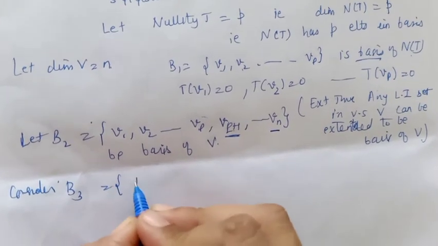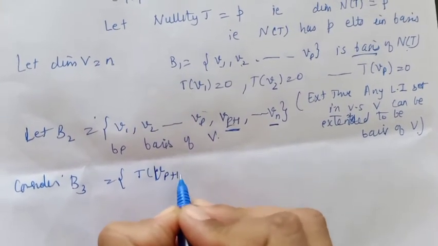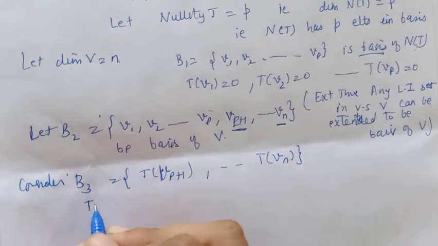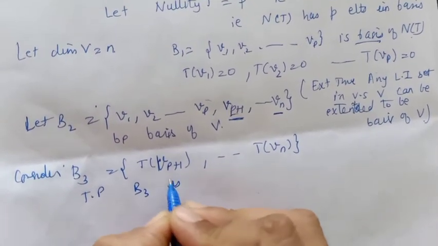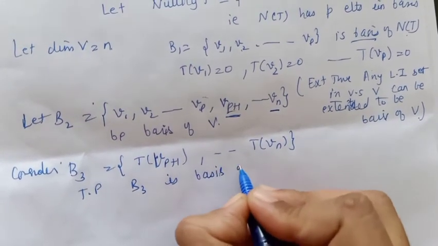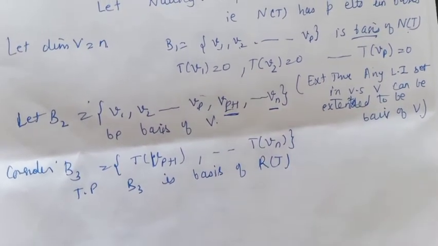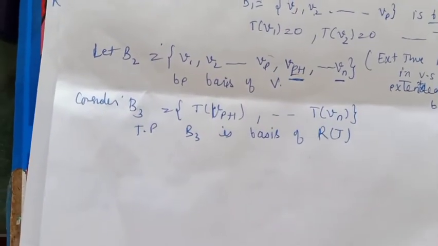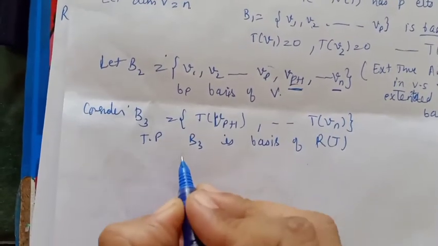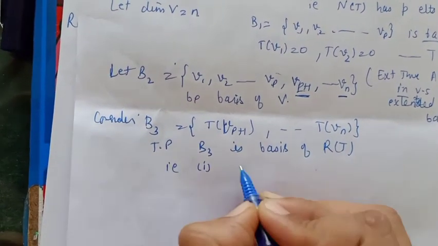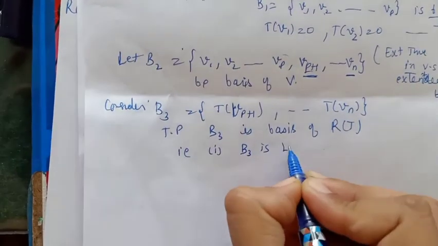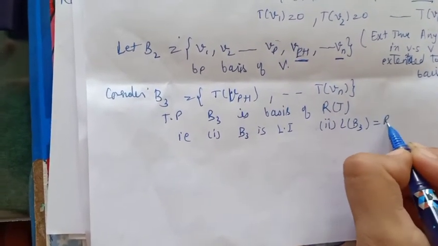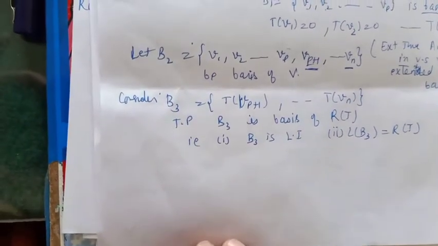What we will try to prove is that this set B3 is a basis of the range of T. In order to prove this to be a basis, we will prove two things: B3 is linearly independent, and B3 spans the range of T. This we need to prove.